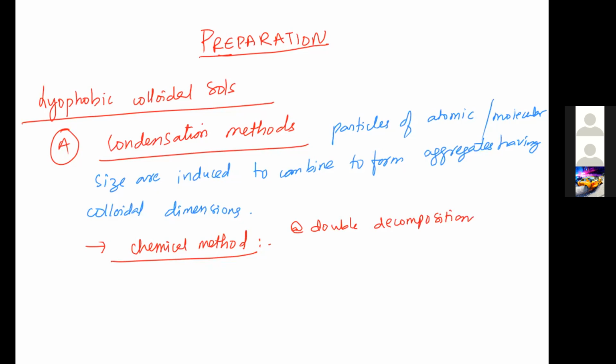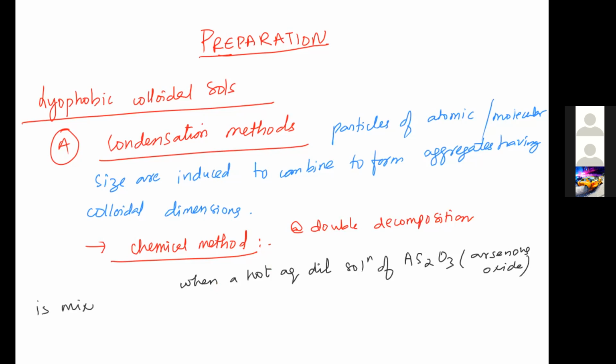When a hot aqueous dilute solution of As2O3, which is arsenic oxide, is mixed with hydrogen sulfide in water, then As2S3 is obtained.